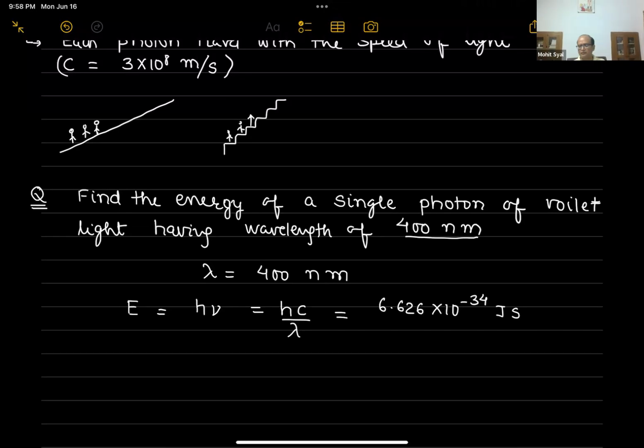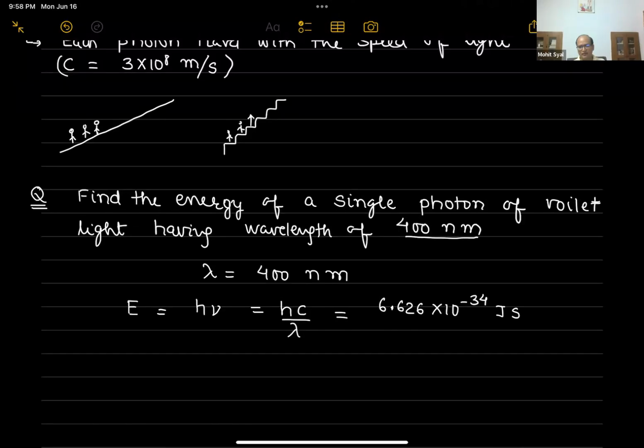Can't we just take it as 7 or something? Can't we just take h as 7 because it's going to take a long time? Yeah, it is going to take a long time, but you can take it as 6.6. Okay, not 7.